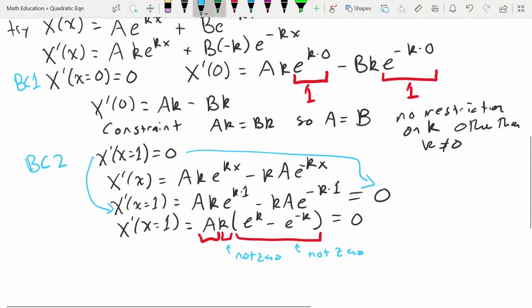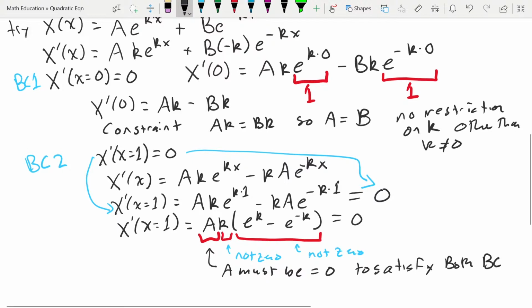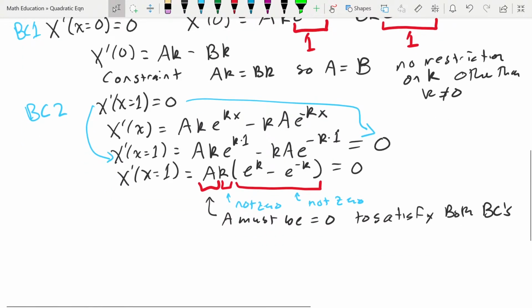So that means that our quantity a, in order to satisfy this equation, must be equal to 0 to satisfy both BCs.